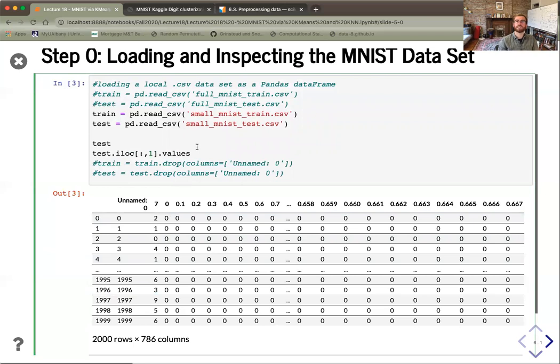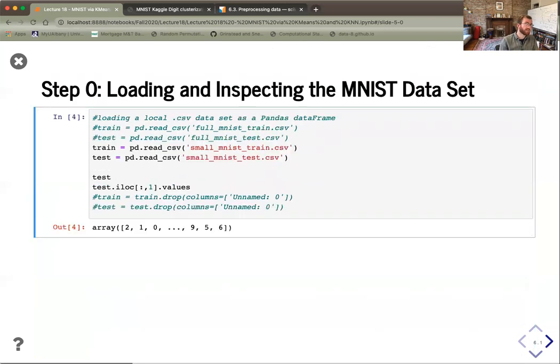So the hypothesis I have is that this column actually encodes the class label of our MNIST data set. So let's try to look at that. And we see that we do have a bunch of integers between 0 and 9, which is what we'd expect for the MNIST data set.